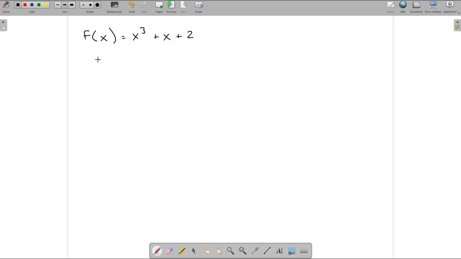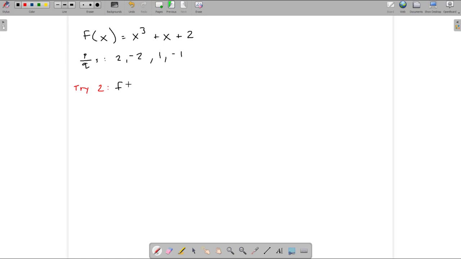And so our possible zeros, p over q's, were 2, negative 2, 1, and negative 1. So let's first try 2.